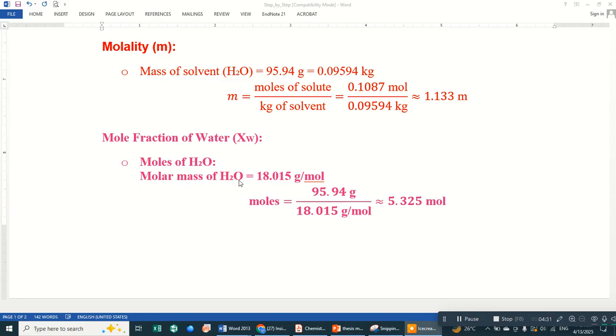The molar mass of water is 18 gram per mole. 95.98 gram divided by 18.015. You can simply write 18 gram per mole. The number of moles of water is 5.32 mole. Mole fraction and number of moles are the same things. Okay, that's the answer of this numerical.